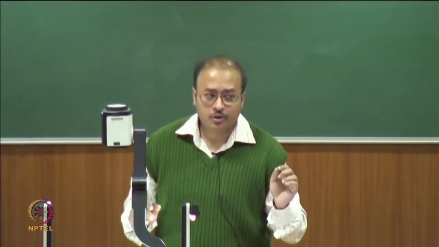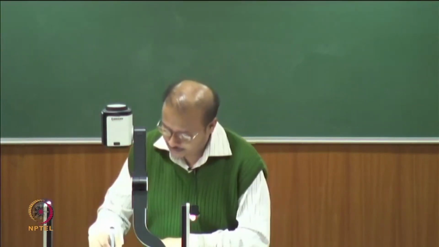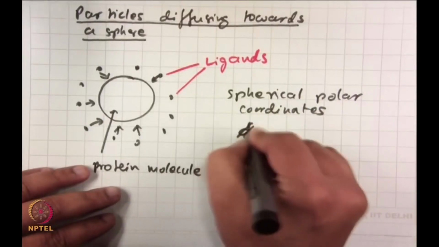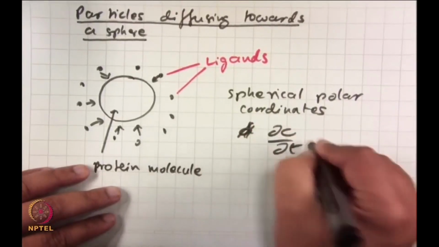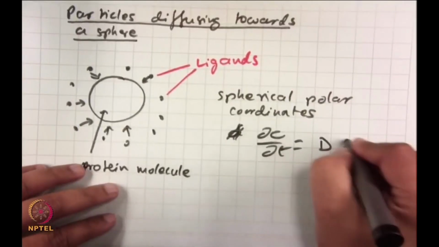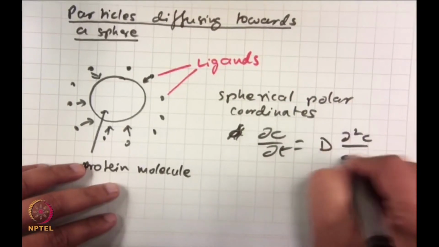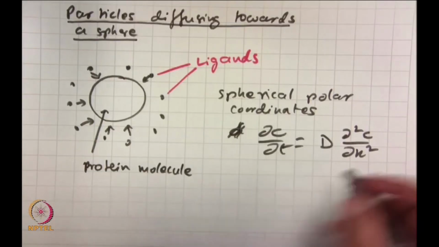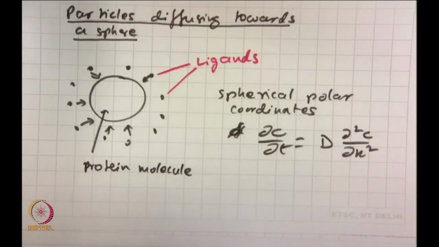What we also take into consideration is, we know this equation, del C over del T is equal to D... We know this equation, right? We are considering motion in spherical polar coordinates. So, x would be replaced by r, okay.